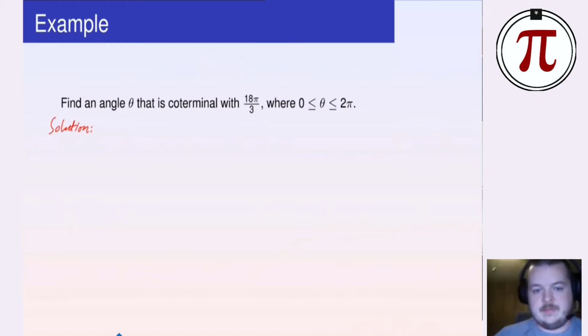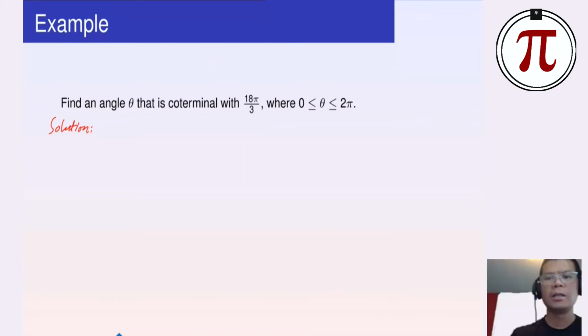Solution: since there are no units, we know that they are measured in radians.